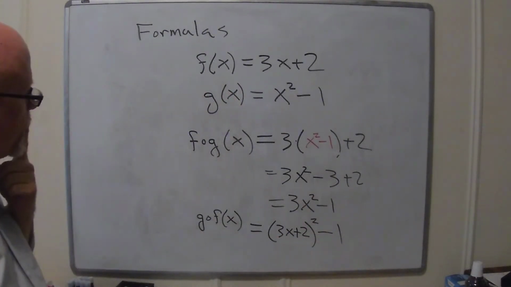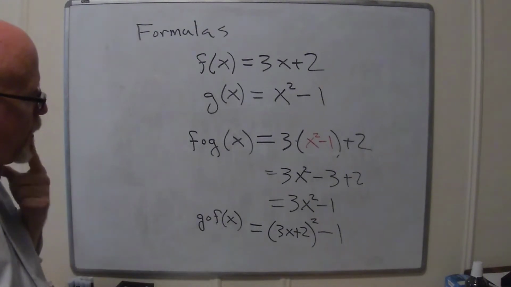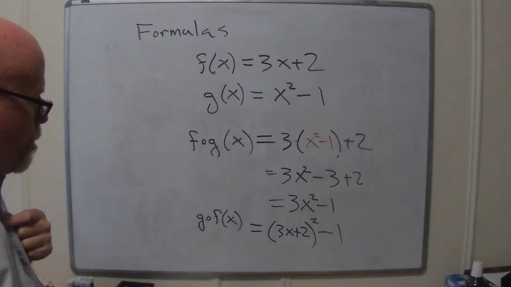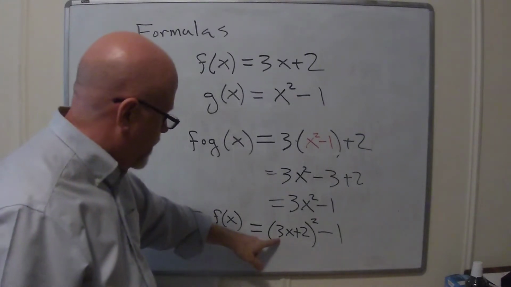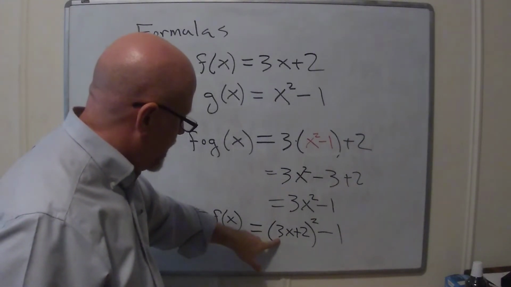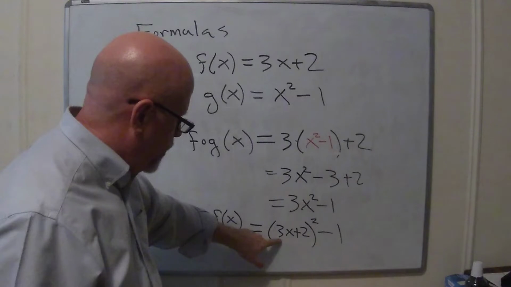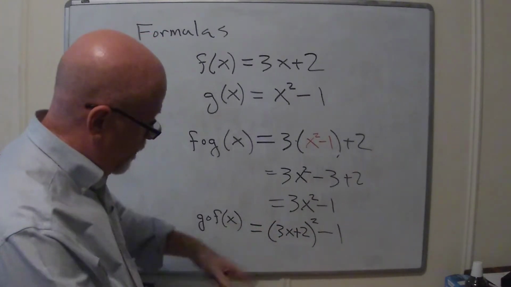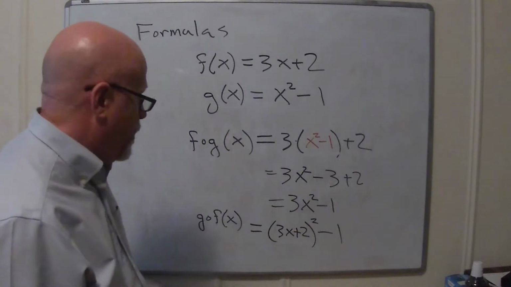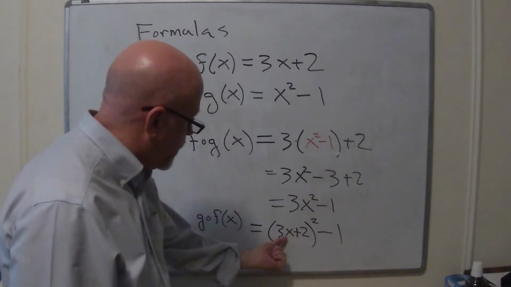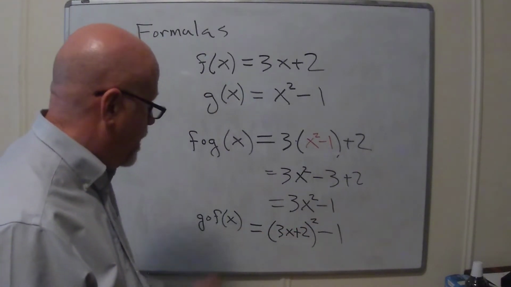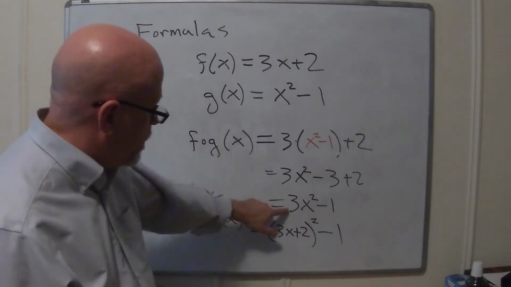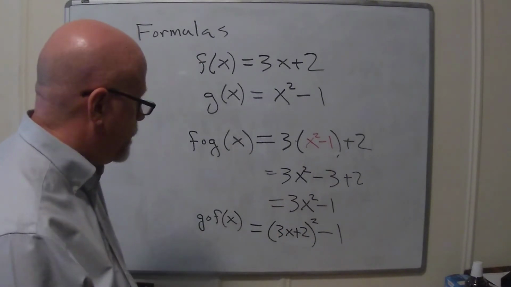So that's interesting, right? GOF, those are going to end up being pretty different. To simplify this, or to figure out what that really is equal to, you use the infamous FOIL rule, because you have to multiply 3x plus 2 times itself to get it square. And so the first term in it is going to be 3x times 3x, first times first, which is 9x squared. It's already a lot bigger than this one.